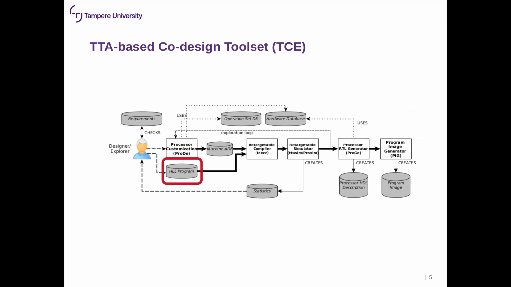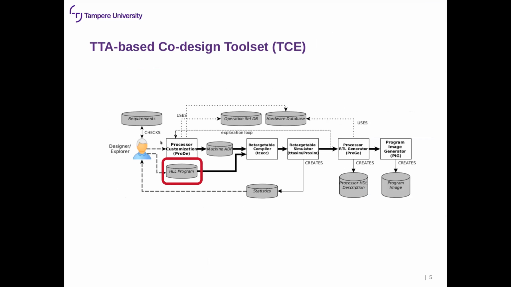So how would the tool flow for TCE look like? So basically, you as a designer have some requirements, let's say for cycle counts or wall clock time or power consumption. And you probably have some kind of a program that you want to run.